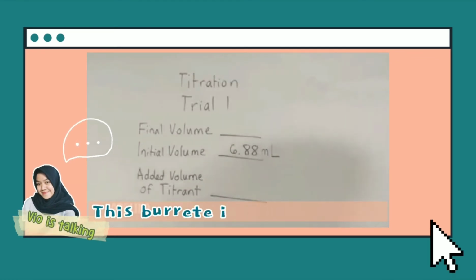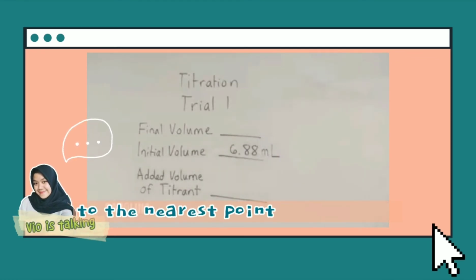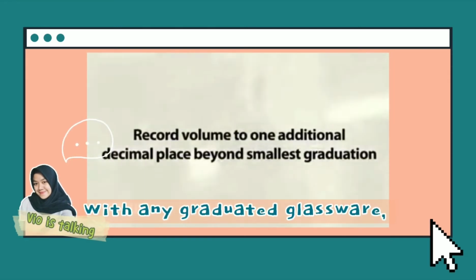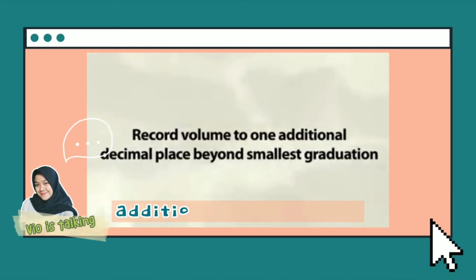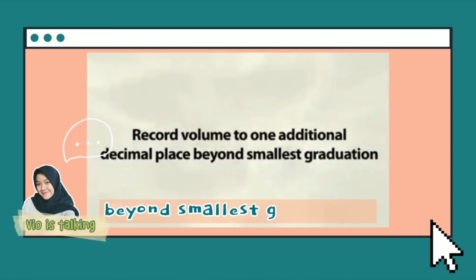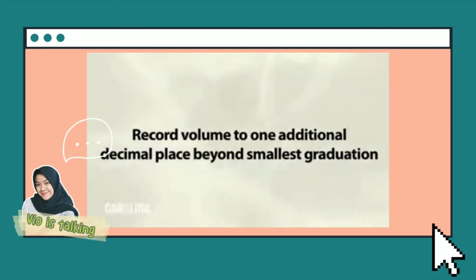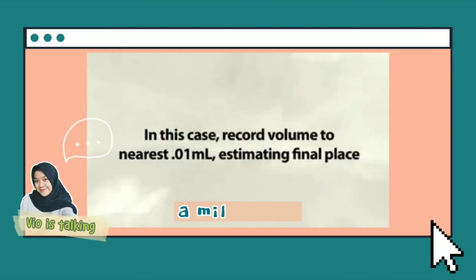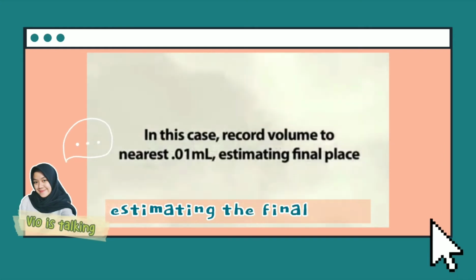This burette indicates volume to the nearest 0.1 milliliter. With any graduated glassware, you record the volume to one additional decimal place beyond the smallest graduation. In this case, record the volume to the nearest hundredth of a milliliter, estimating the final place.